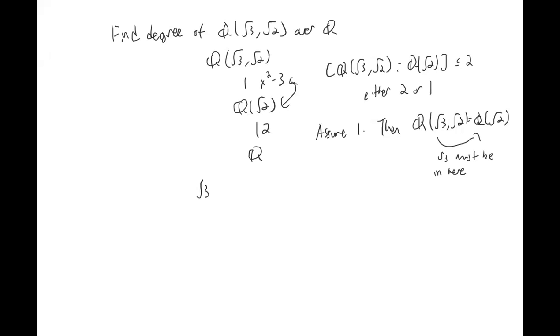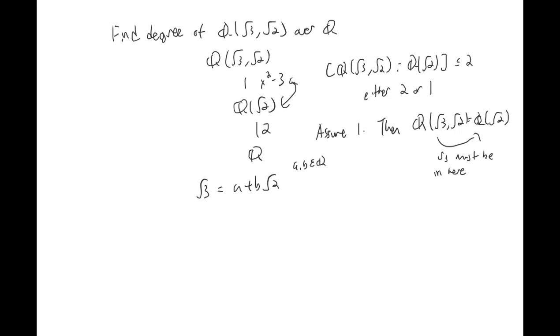If root 3 was in Q adjoining root 2, well, how does an element in Q adjoining root 2 look like? It looks like A plus B root 2, where A, B is in Q. Everyone agree or follow so far? Okay, well then let's square it.